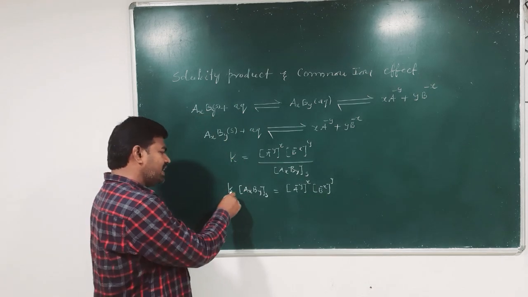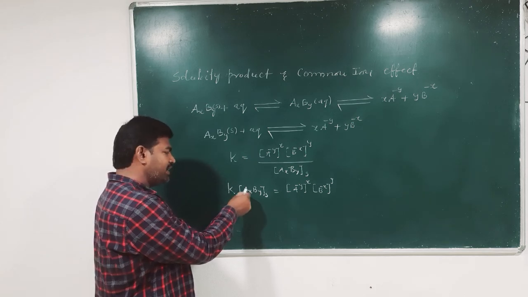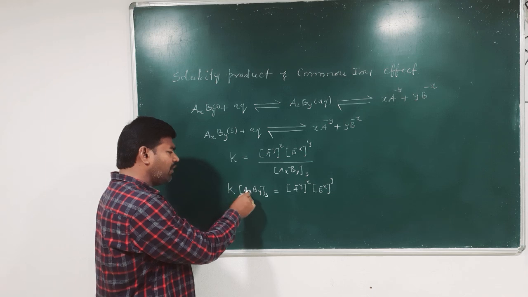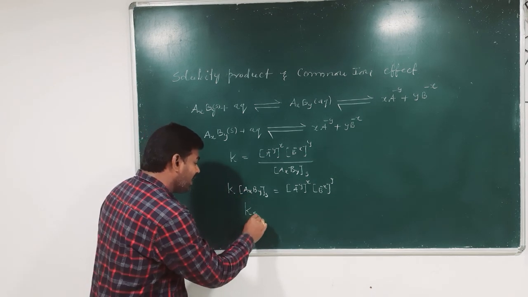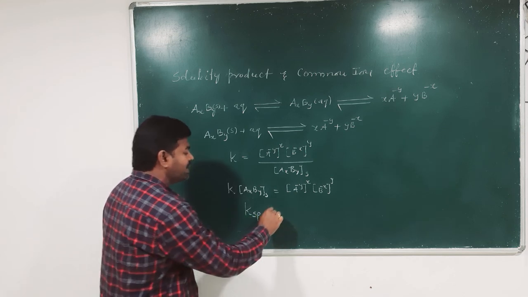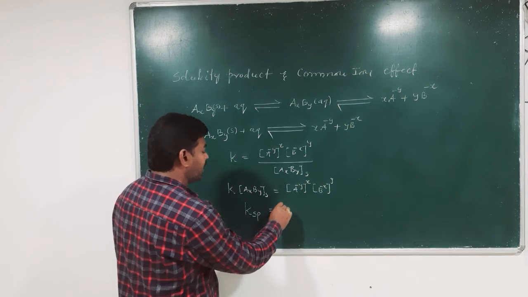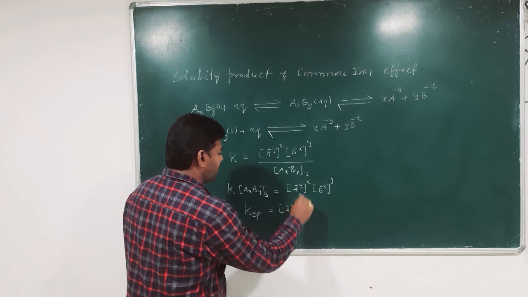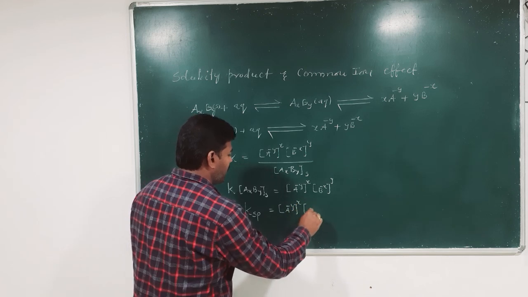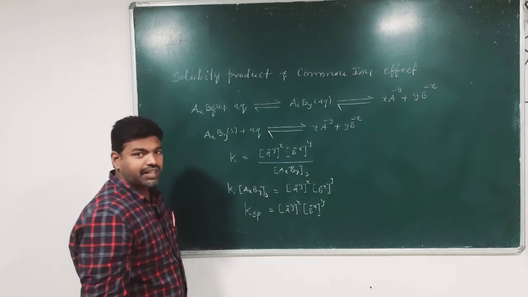This is a constant, and the product of two constants gives another constant, that is Ksp, the solubility product, equal to [A^(y-)]^x [B^(x-)]^y, right.